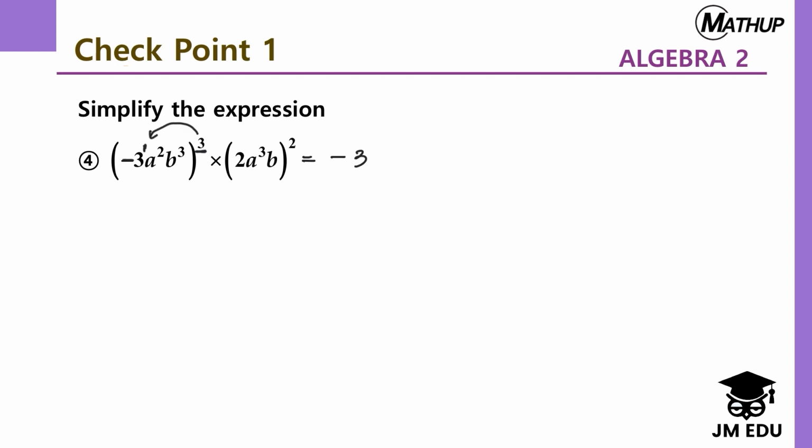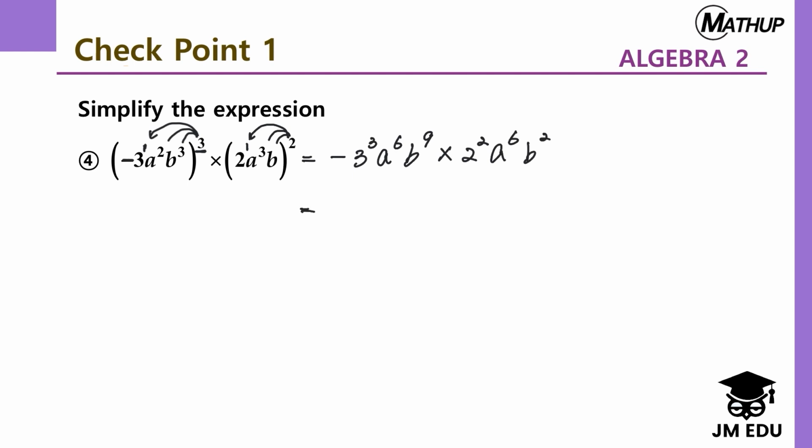So that's going to be 3 cubed. 3 times 2, that's a to the power of 6. 3 times 3, that's b to the power of 9. Times 2 times 1, right? So that's 2 squared. 2 times 3, that's a to the power of 6. 2 times 1 again, that's b squared.